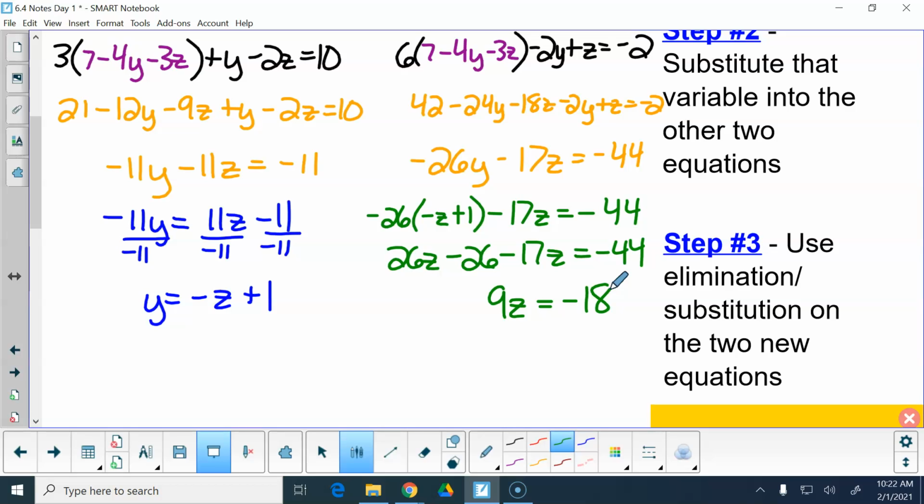So what's z? Negative 2. I know. So much work for one. But then, now what do we do? Which color should we plug it back into? We only have z.